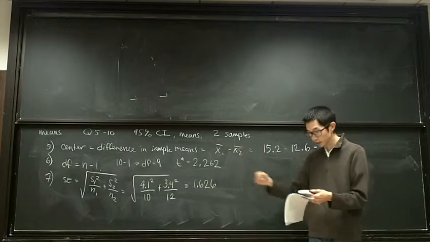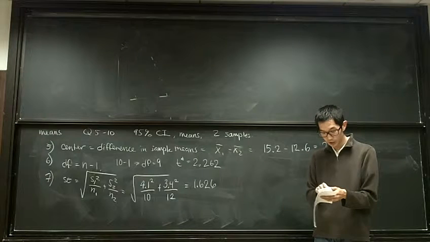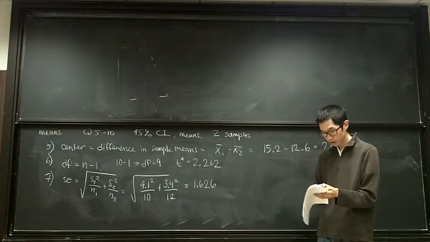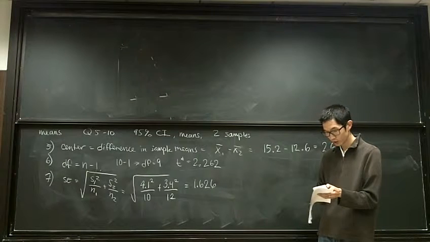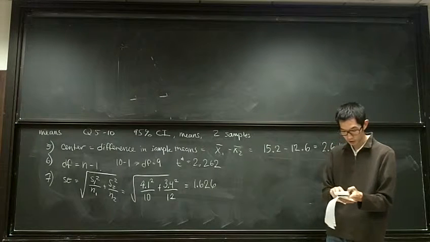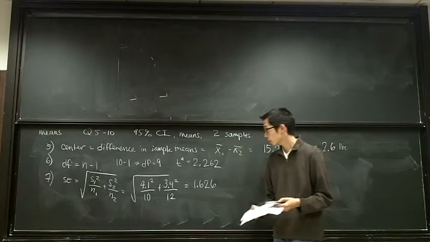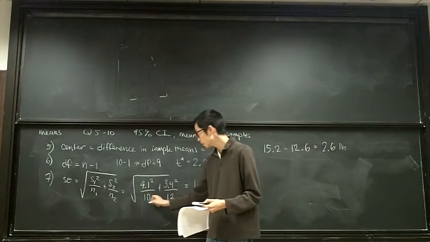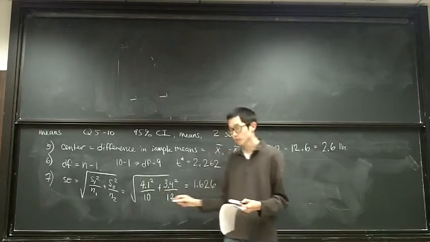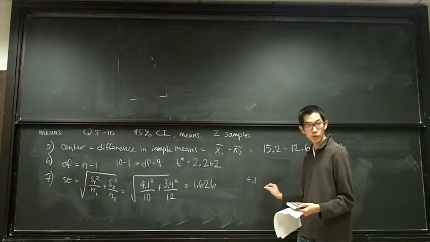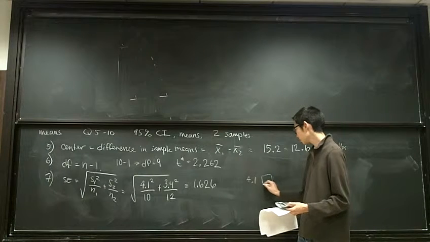Again, make sure when you punch this into your calculator, you can get this answer. How do you do it all together on a calculator? So you do everything on the inside. You're going to hit 4.1, and I don't know if you have a square button on your calculator, but you might.